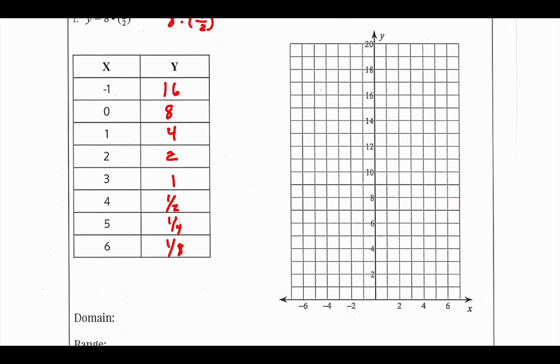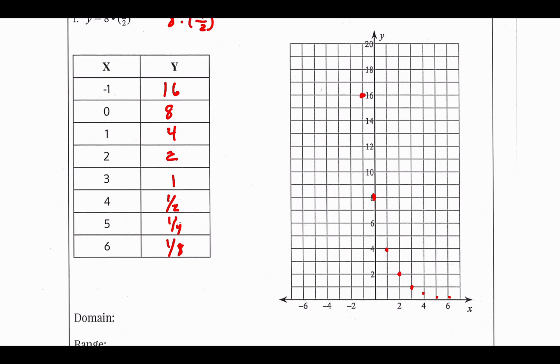Okay, so now if we go through and we just plot some points. Here's our -1, 16, y-intercept at 8, 1, 4, 2, 2. And there's the basic idea.